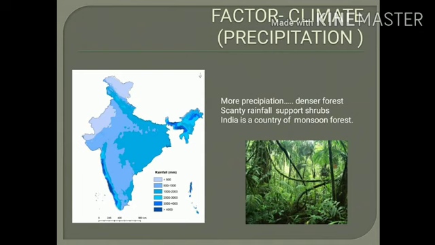Somewhere they get abundant sunlight, somewhere not, somewhere it is moderate. So everywhere we get different conditions for natural vegetation. Photoperiod depends not only on latitude, it also depends on season and altitude. Due to longer duration of sunlight, trees grow faster in summer.